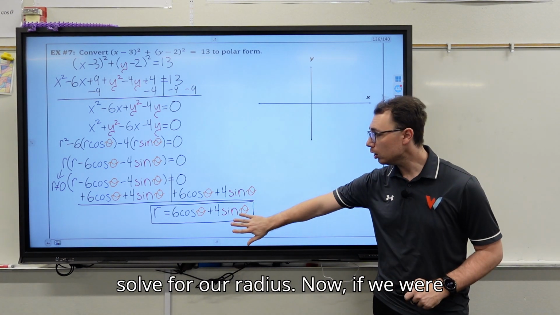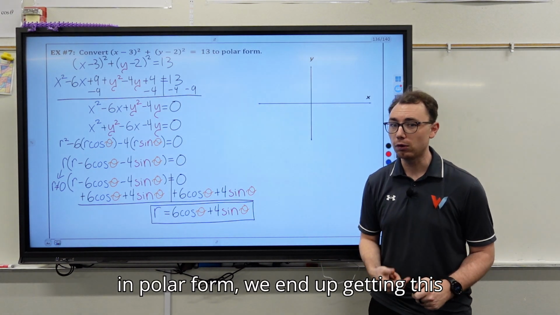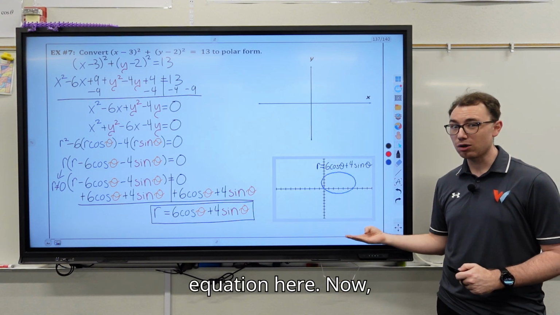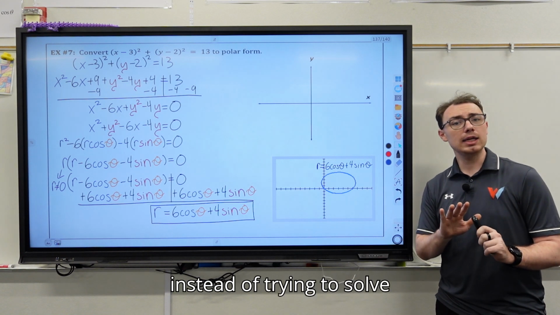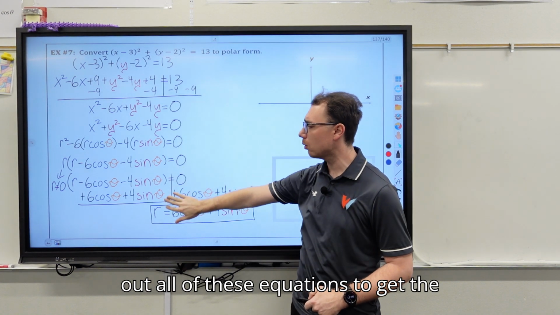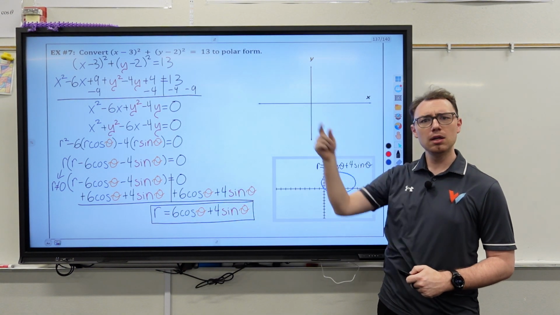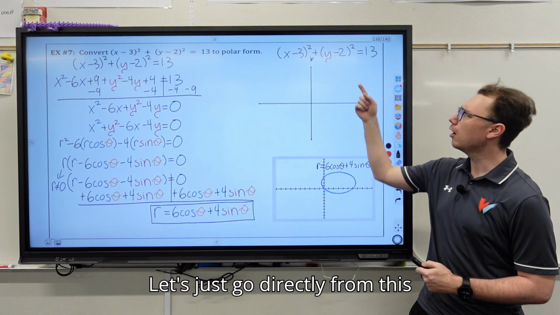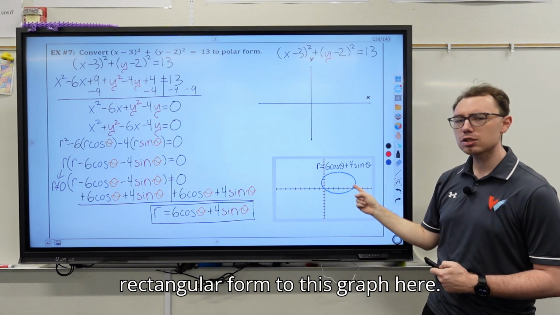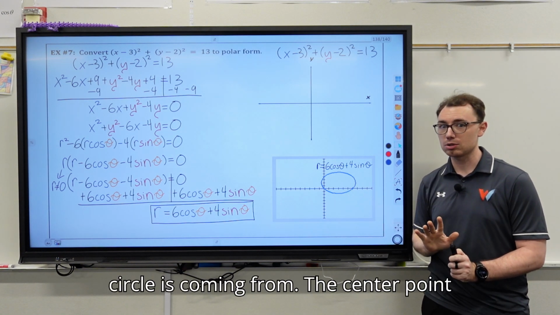Now, if we were to plot this on our TI-84 calculators in polar form, we end up getting this equation here. Now, instead of trying to solve out all of these equations to get the polar form from that rectangular form, let's just go directly from this rectangular form to this graph here. Notice where the center point of this circle is coming from.